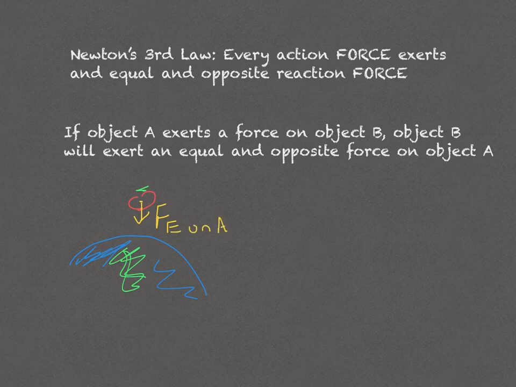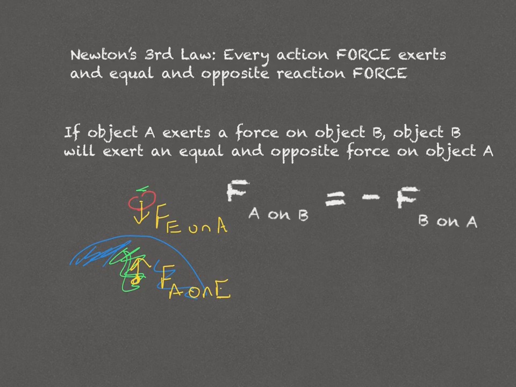The reaction force to that is, if the Earth pulls the apple down, then the apple has to pull the Earth upwards, so it would be the force of the apple on the Earth. The force of E on A has to be equal to and opposite to the force of A on E. You can see the forces are opposite in direction, so it is the third law. Writing it out more mathematically: F of A on B equals the negative of the force of B on A.